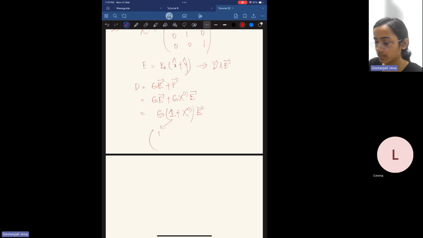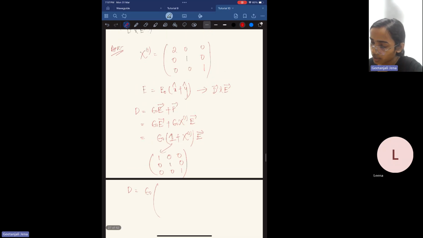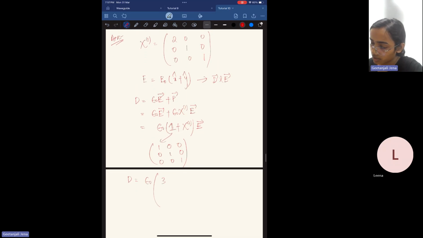It is the identity matrix. I think all of you know what it is. So that means D will be epsilon naught times 1 plus chi1, which gives 3 0 0, 0 2 0, 0 0 2.